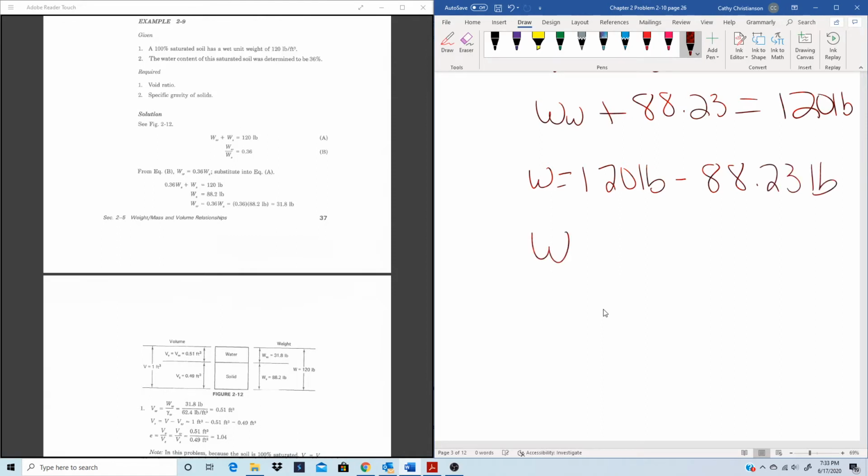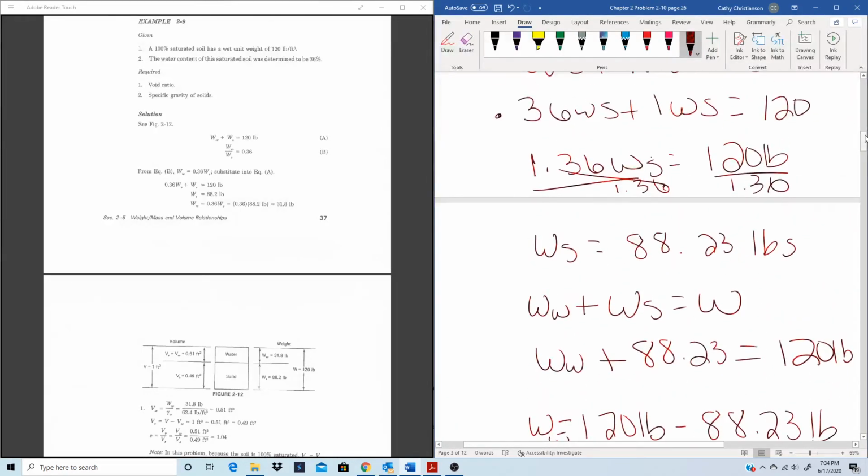So the weight of the water, now I got 31.77 pounds. Okay, so the textbook just used 31.8, so they rounded it up. So I'm doing this example right here that's in your book. Alright, so I'm going to go back up and put these in my block diagram.